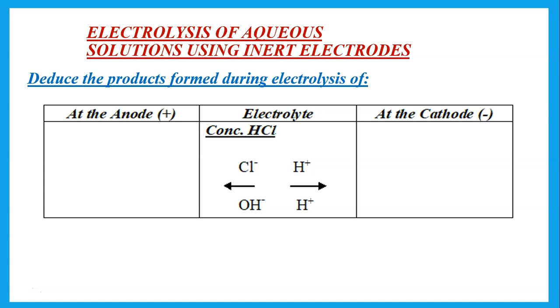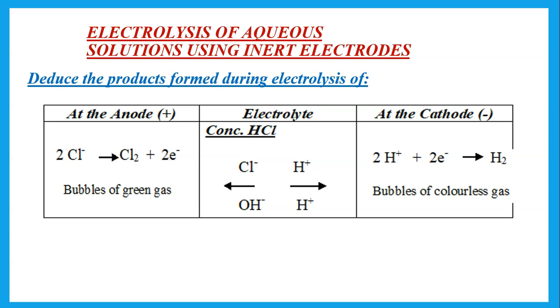So we are talking about concentrated HCl. That means we have more chloride ions, and that is what would react at the anode. Chloride loses electrons and forms chlorine gas, which is seen as bubbles of a green gas. At the cathode, the only positive ion we have is H+. It gains electrons and becomes hydrogen gas, and hydrogen gas forms bubbles of colorless gas.